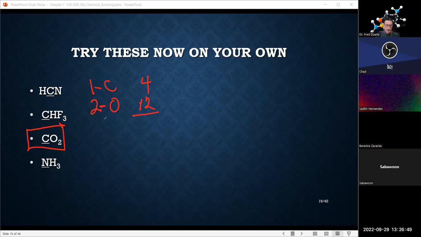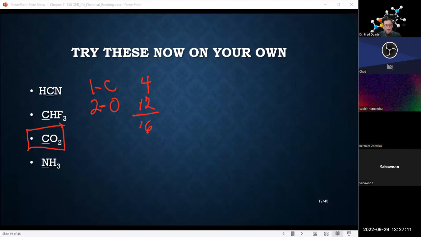So we have a total of 12 for oxygen, for a grand total of 16 valence electrons, right? Does my number look okay?